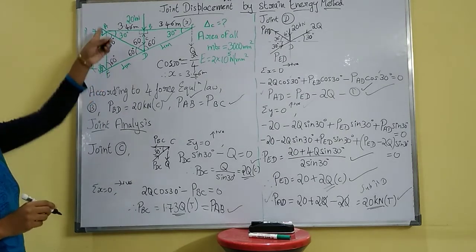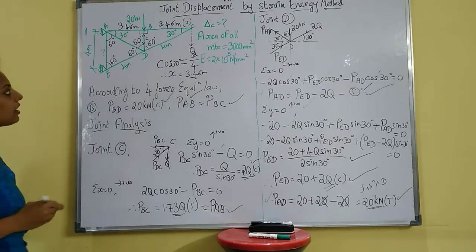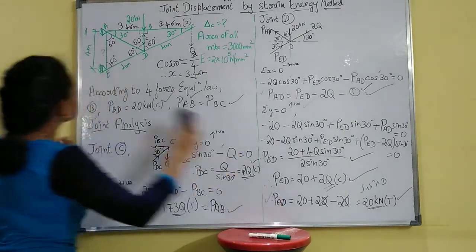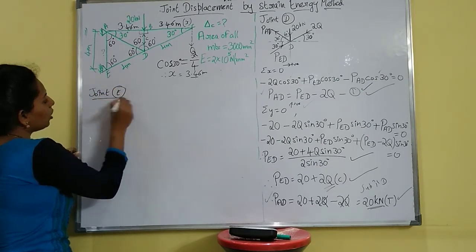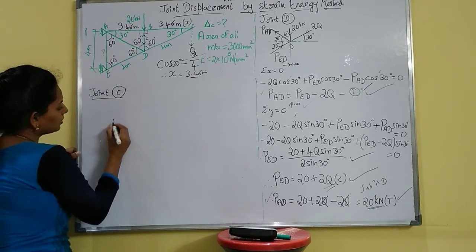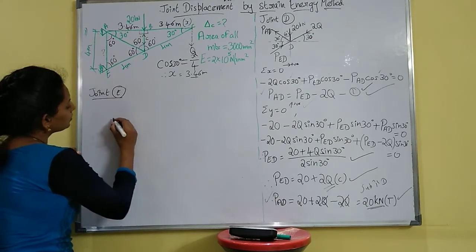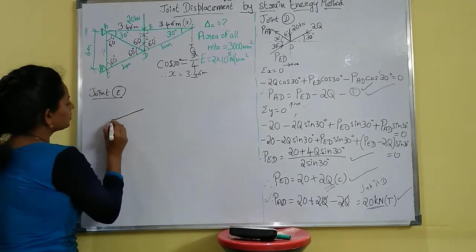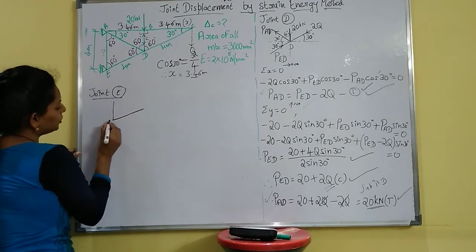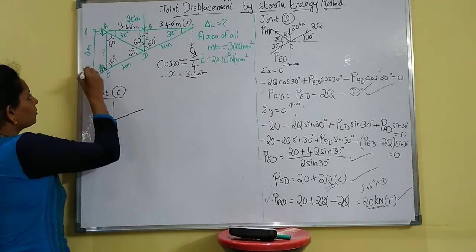So for that you can consider joint A or joint E. So in the next step I will consider joint E and get the value of AE. Consider joint E, this joint, draw the free body diagram of that joint E. And you have here one member, that is reaction will be there, VE.